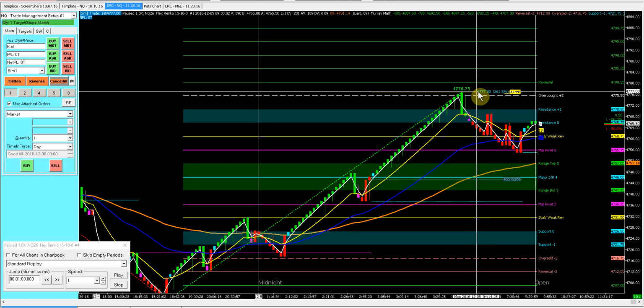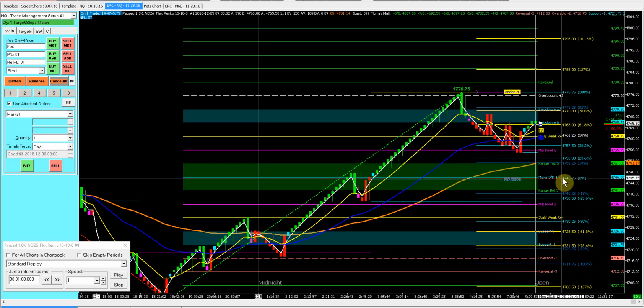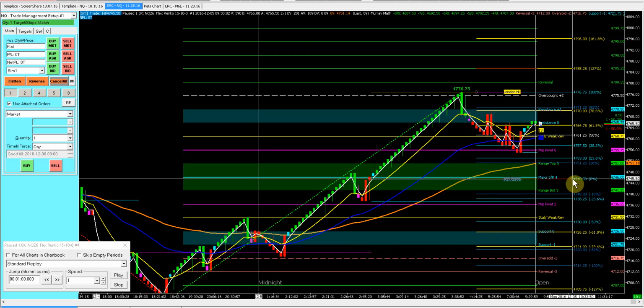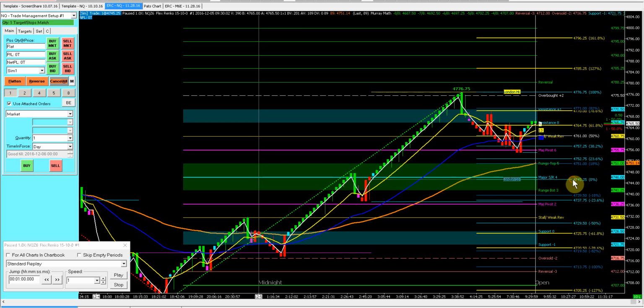For example, there, 47.7675, and down to 47.4525. Okay, so I'm looking at some significant levels in the market of upside, because the general trend is upside.